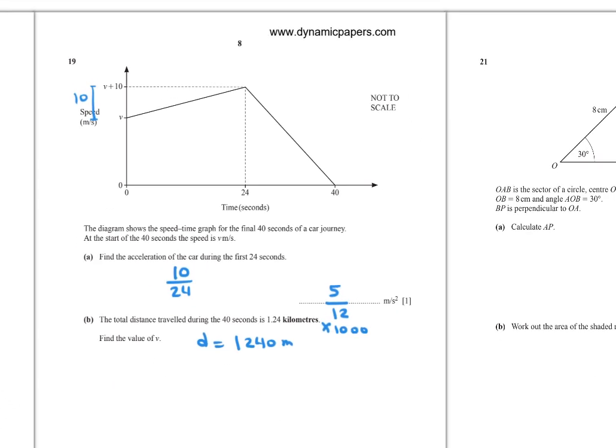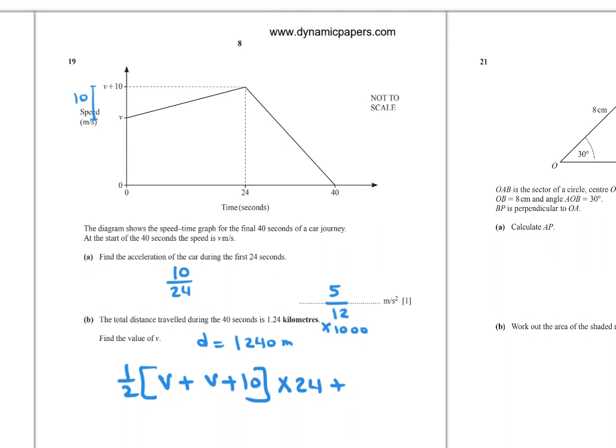So the area of the trapezoid equals half into base 1, which is v, base 2, which is v plus 10, times the height, which is 24, and the area of this triangle, half times base times height.